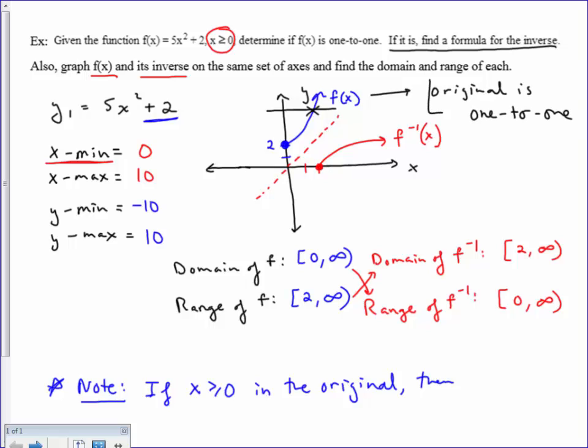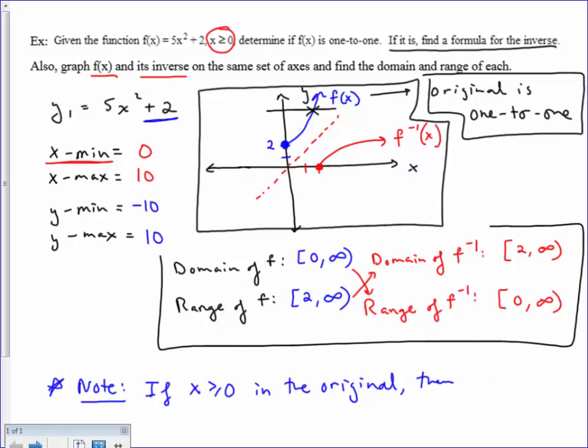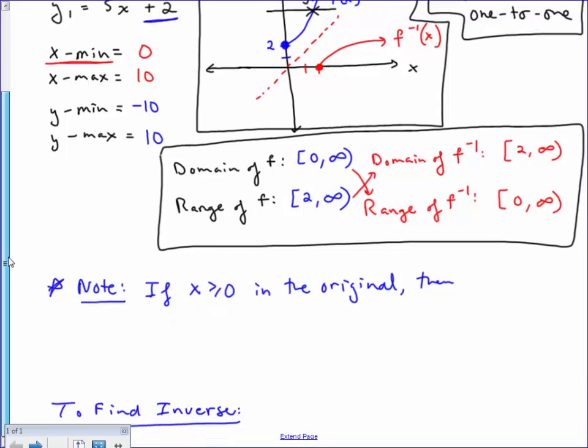I'm going to box that in since it's part of my answer. Okay, we have the graph of the two functions, so that is part of our answer. And then we've been asked to find the domain and range of each, so we have that. And then finally, it wants the formula for the inverse.